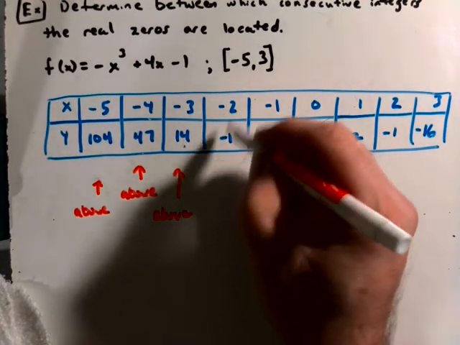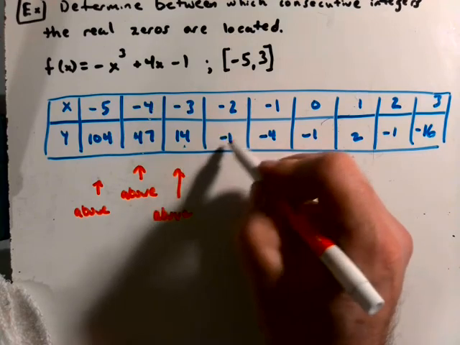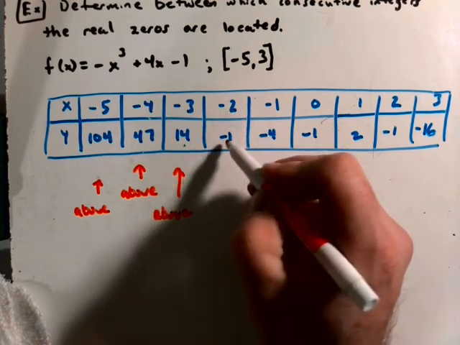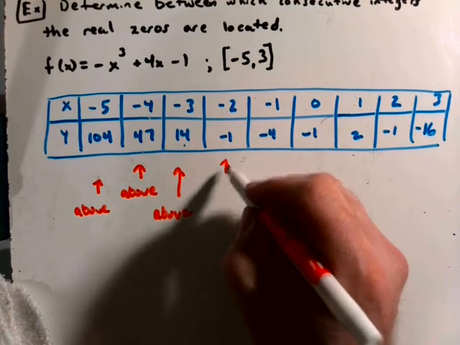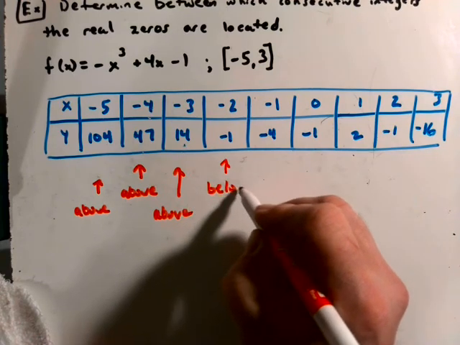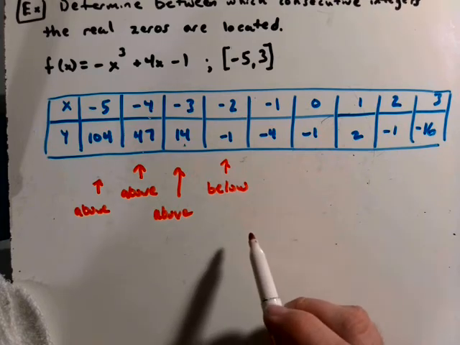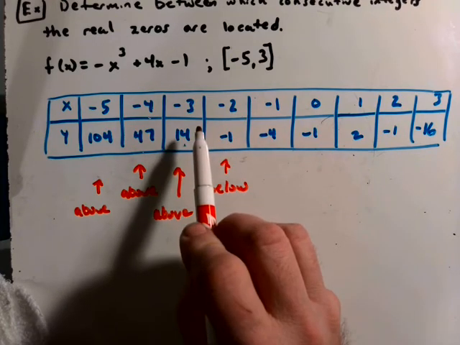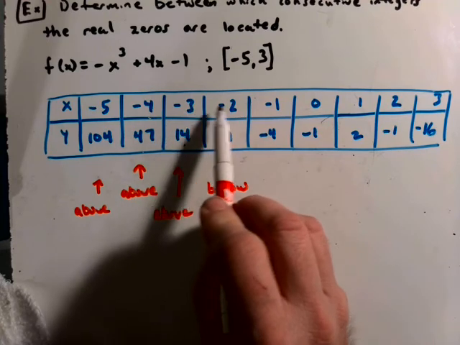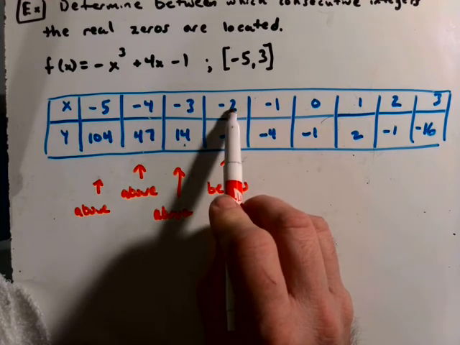The next point is (-2, -1). The y-coordinate here is negative. If we graph (-2, -1), that point would be below the x-axis. So that means that on our graph, there's going to be an x-intercept between -3 and -2.